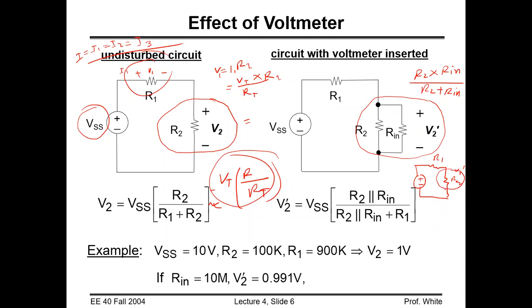Now our formula is the same: this V2 prime is equal to the total voltage at first, so VSS, into this resistance, the R equivalent, divided by R1 plus R equivalent.